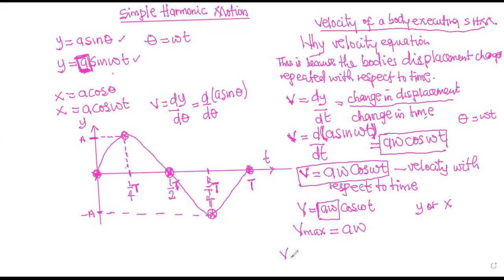You and I are going to play around the velocity equation in terms of time, A omega cos omega t, to get an equation that represents velocity in terms of displacement y. So for example, let me create a situation for you to understand. A body is oscillating. This is the mean point. I'm told that the body is here.